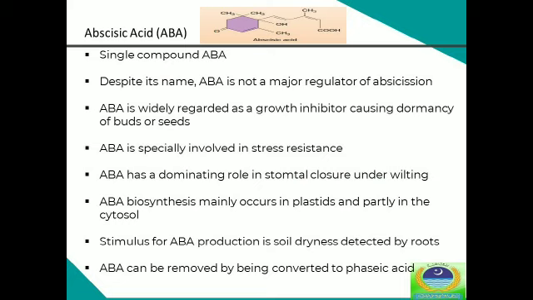Next in line is abscisic acid. This class of hormones contains the single compound abscisic acid, which was discovered in species Sycamore. Despite its name, abscisic acid is not a major regulator of abscission. Abscission is now believed to be primarily controlled by ethylene.